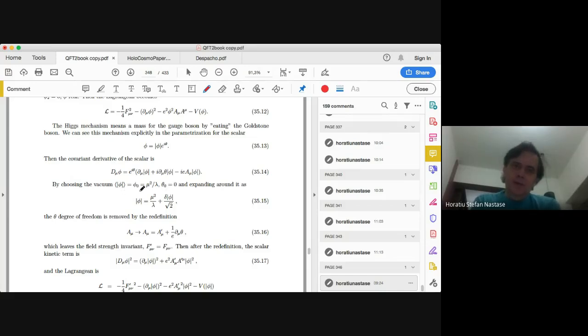So choosing the real vacuum, |φ| is φ0 and θ0 is 0, and expanding around it like before.